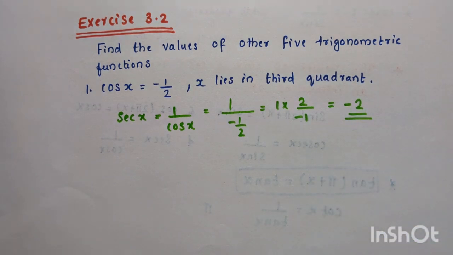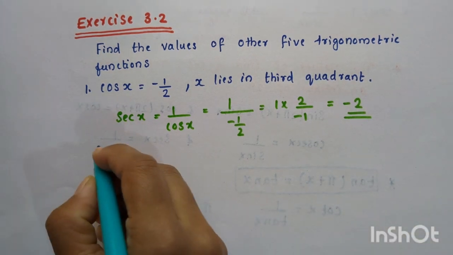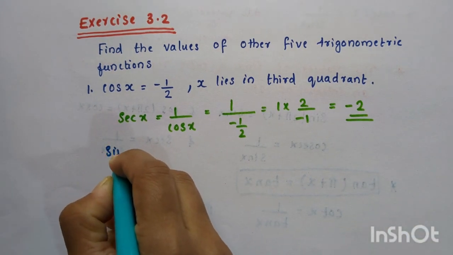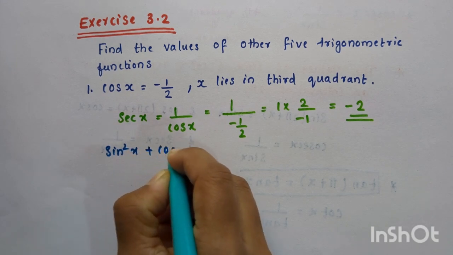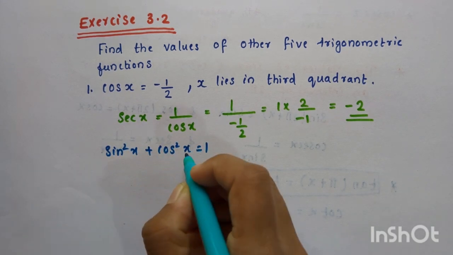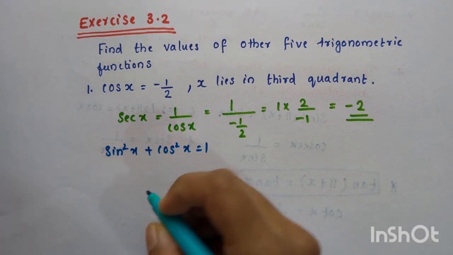Now we can use the trigonometric identity sin²x + cos²x = 1.